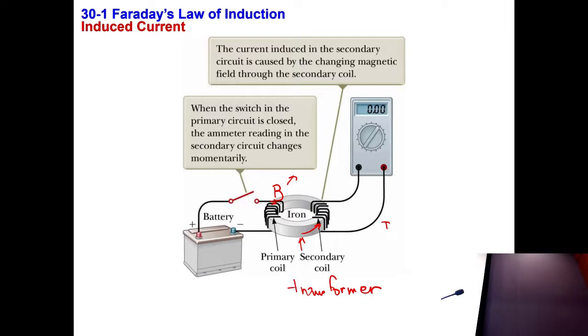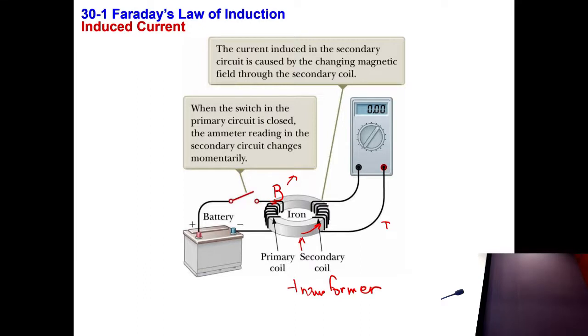In certain devices, you connect it to the outlet, which has, let's say, 220 volts, and your device works only on 5 volts. So you need a transformer in order to bring the voltage down from 220 to, let's say, 5 volts or 10 volts. For that, you need a transformer.